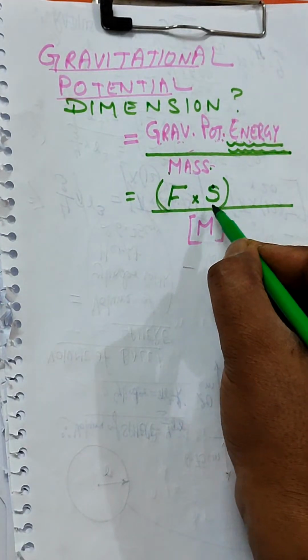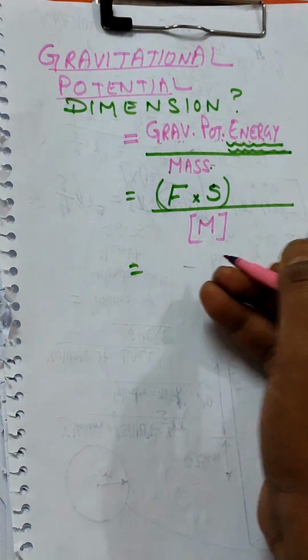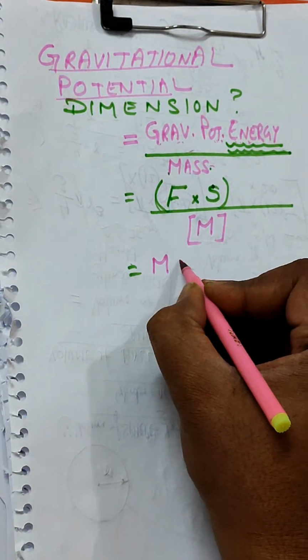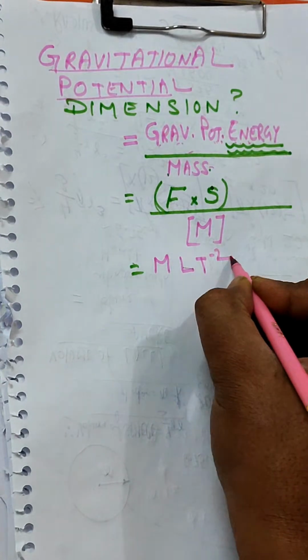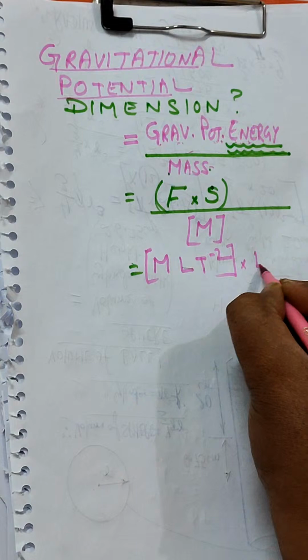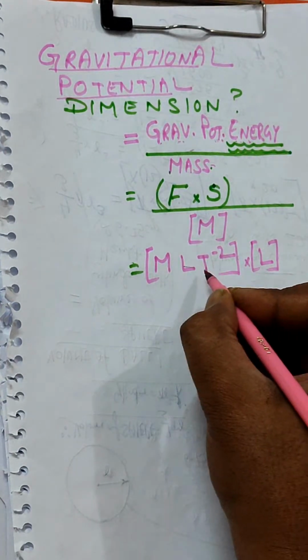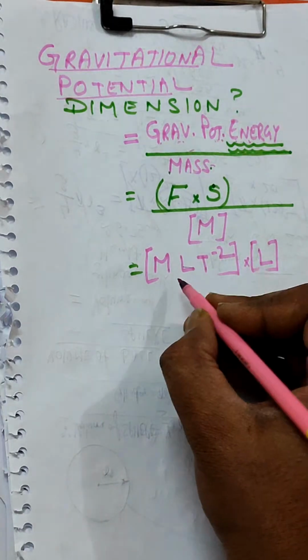For force, it is MLT⁻², and for displacement it's L. So this will be the dimension of energy or work.